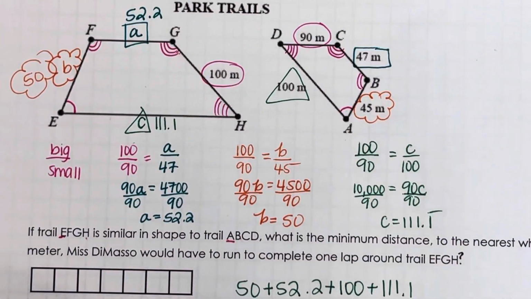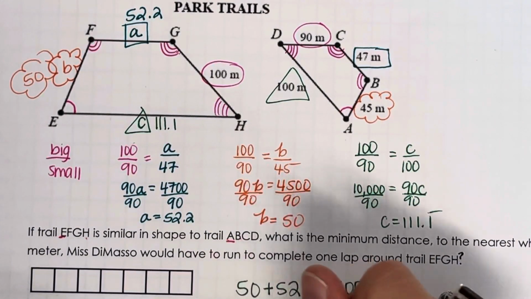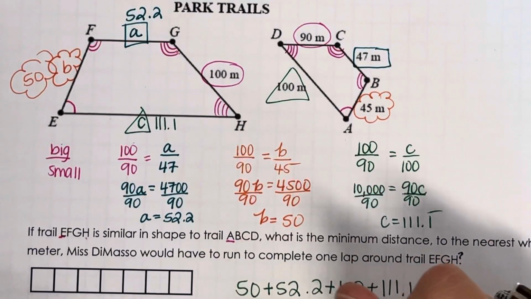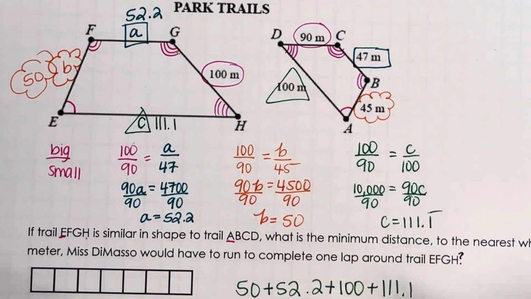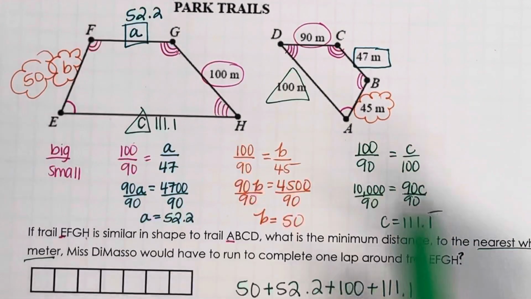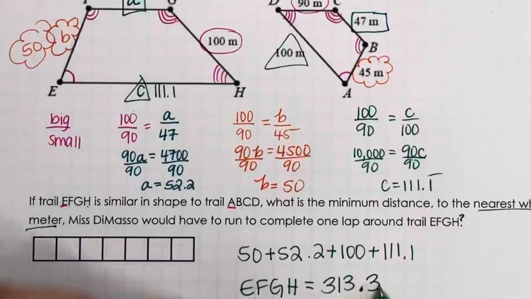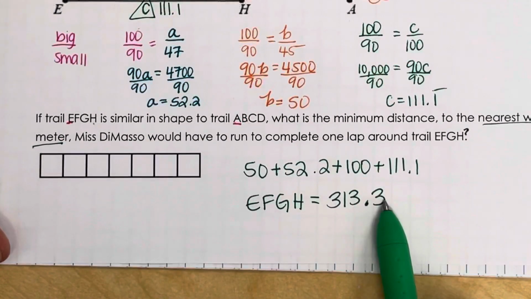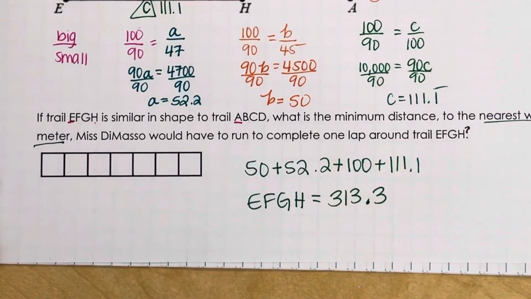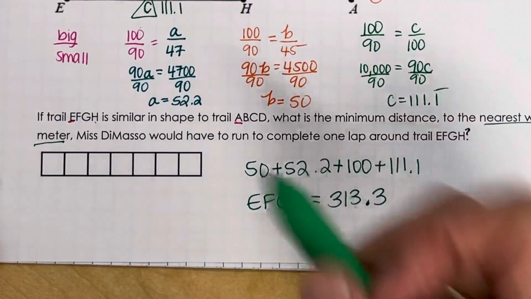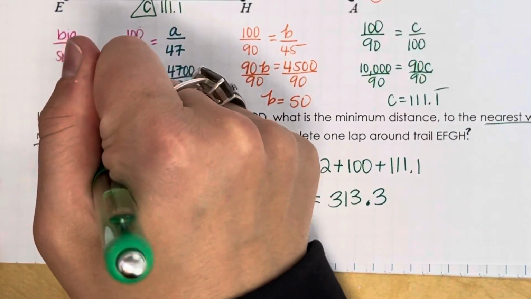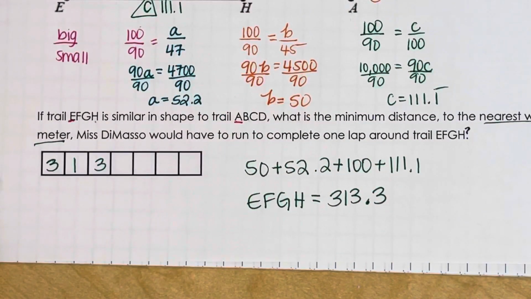And when I add all those numbers together, I get that EFGH is 313.3. But since it asked me to round to the nearest whole meter, this number is less than a 5. So because it's less than a 5, I'm just going to keep it where it is. So it's going to just be 313 as my final answer.